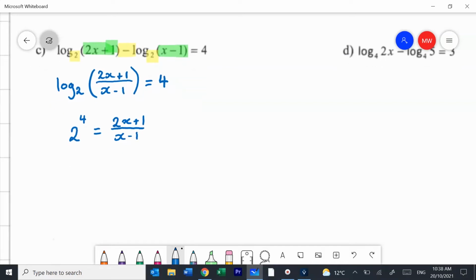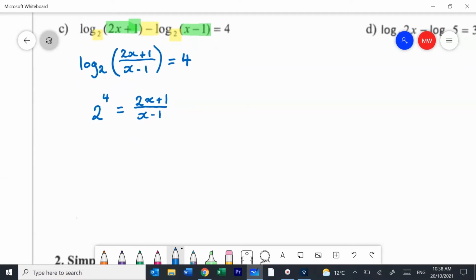And so now we can start to expand and collect this. I'll show way more working out than what you need, okay? But this would be 16, and now you've got 2x plus 1 all over x minus 1. And so now it's balance method. Multiply up by x minus 1 on both sides.